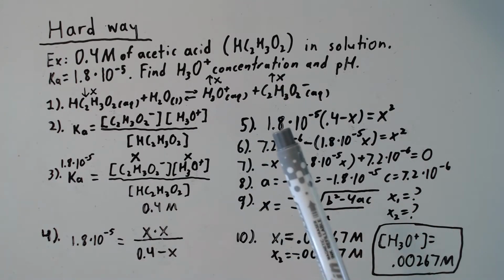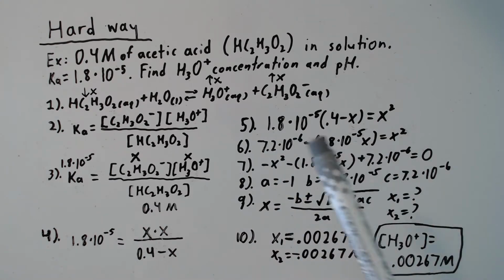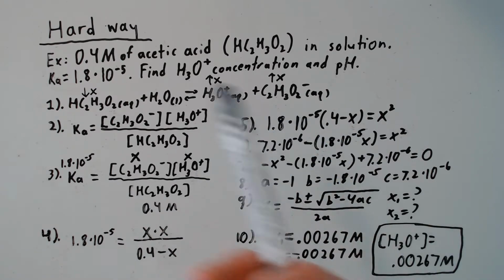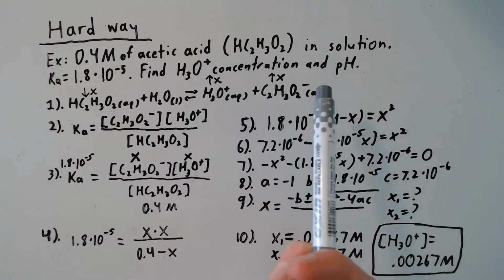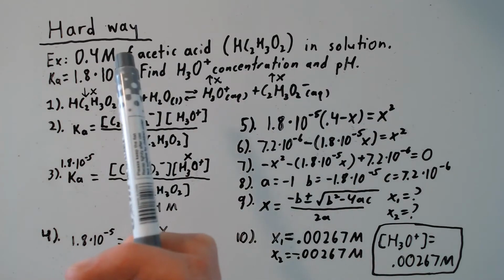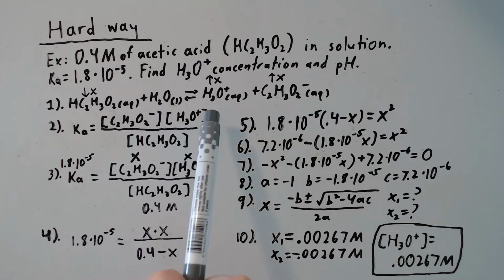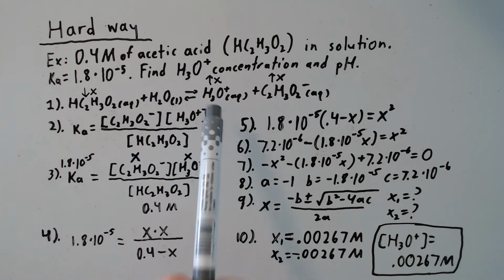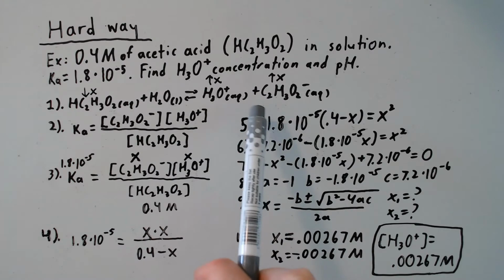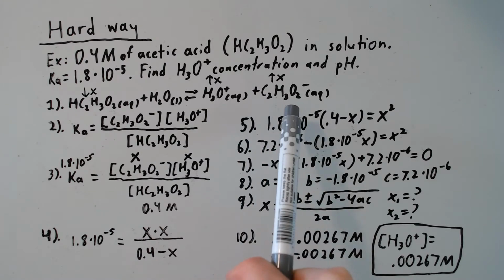To solve this problem, we have to know first what actually happens when acetic acid dissolves. When this acid dissolves in water, it produces H3O+, the hydronium ion, and its anion, C2H3O2-.